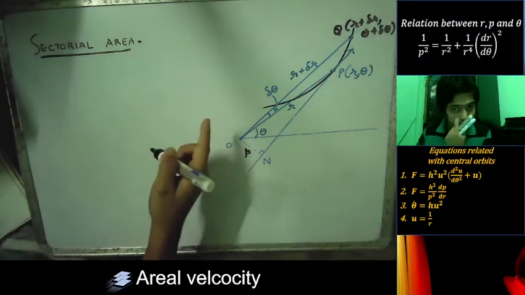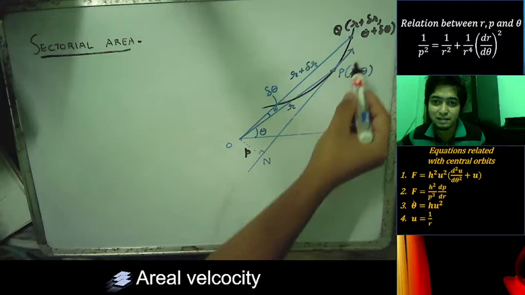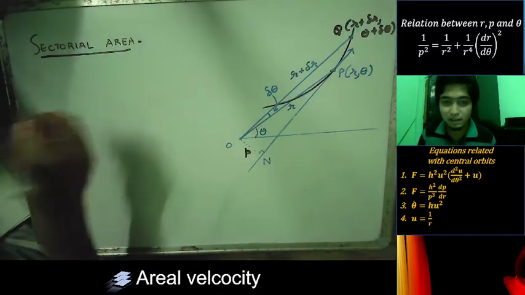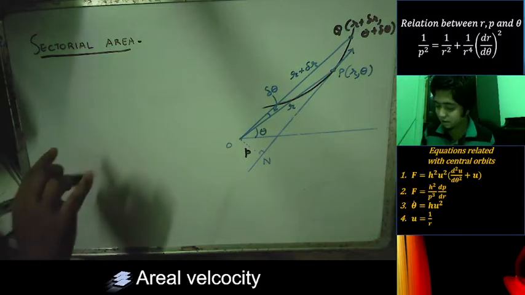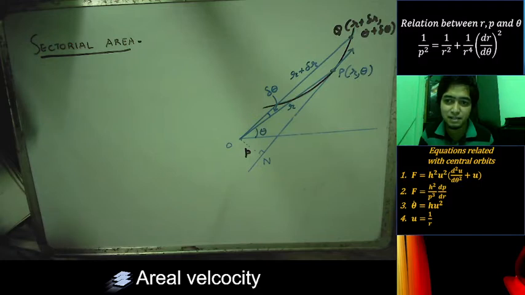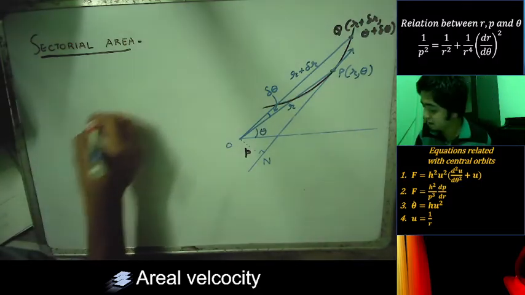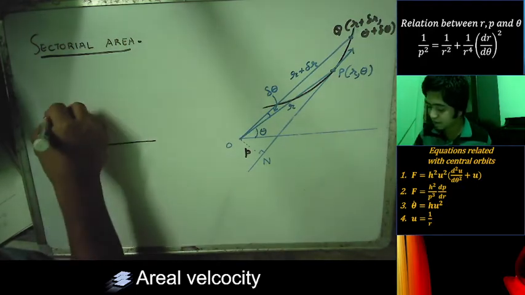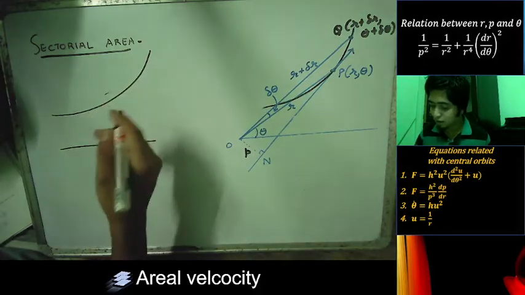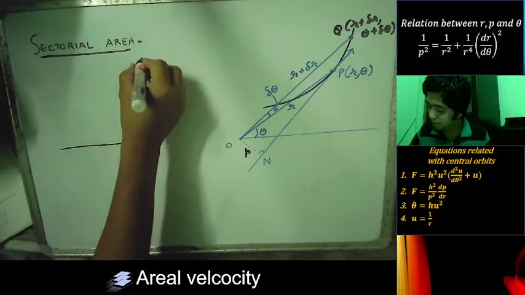Okay, so now over here the particle is traveling along this black path. Just let me draw it again. I will keep this picture, but for you to understand what areal velocity is, first of all, you will need to understand sectorial area. So suppose the particle is traveling in this path. Now, what do you mean by sectorial area?